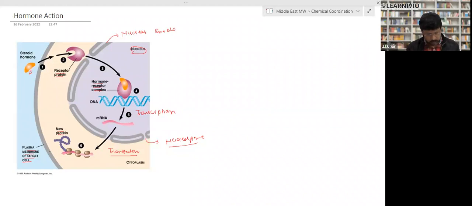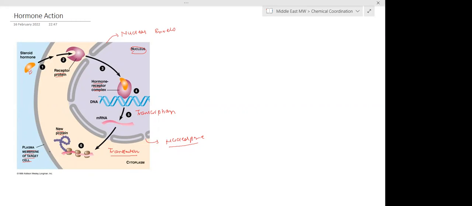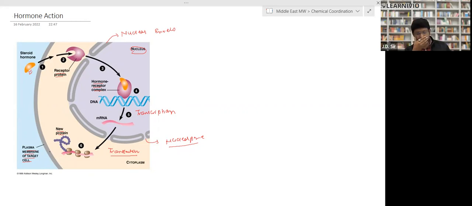So if you want, you can note it down. When a hormone reaches a target cell, it is recognized by receptors present on the cell.